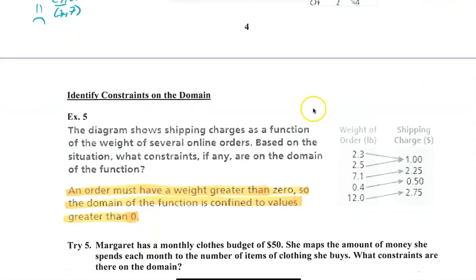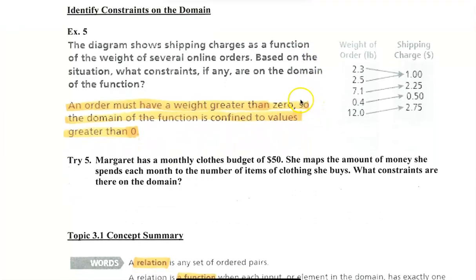Okay, last little concept, constraints of domain. So like what values could the domain be? And it changes based on the problem. And this one, we can do a quick example. This diagram here shows the shipping charges as a function of the weight of several online orders. So x is the weight of the order, y is the shipping charge.